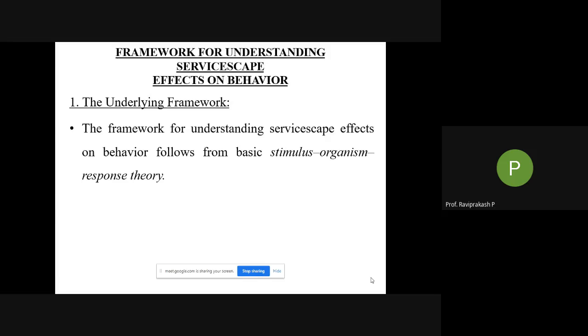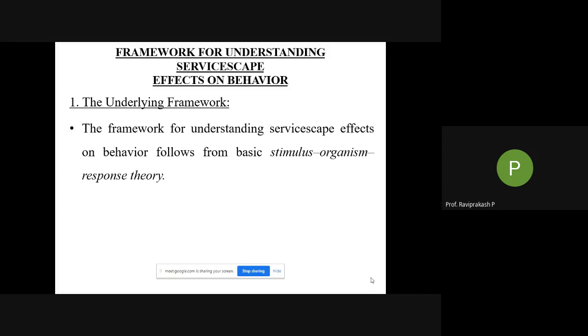So we are looking at the effect of whatever you see, feel, and touch in whatever place you are going, and how it is affecting your behavior. So first, the underlying framework. The framework for understanding servicescape effects on behavior follows from basic stimulus organism response theory. So what is this stimulus organism response theory?